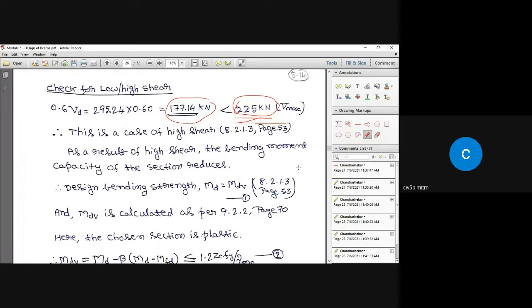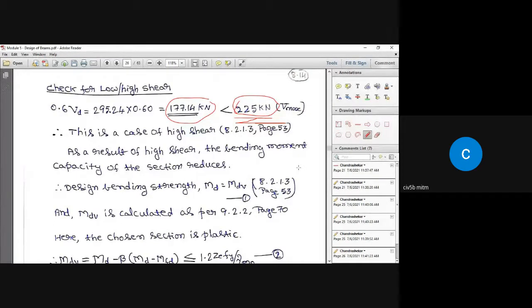MdV is the design bending strength of the section under high shear. So find out what MdV is and substitute in this equation to get the final MD.